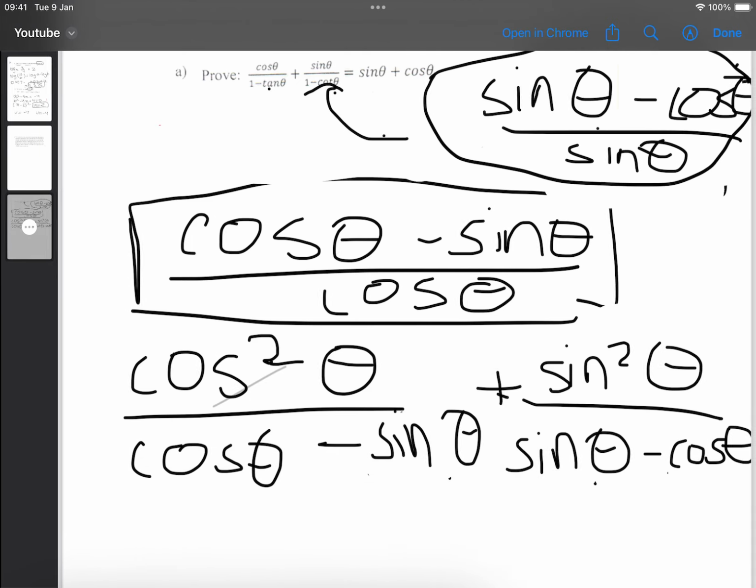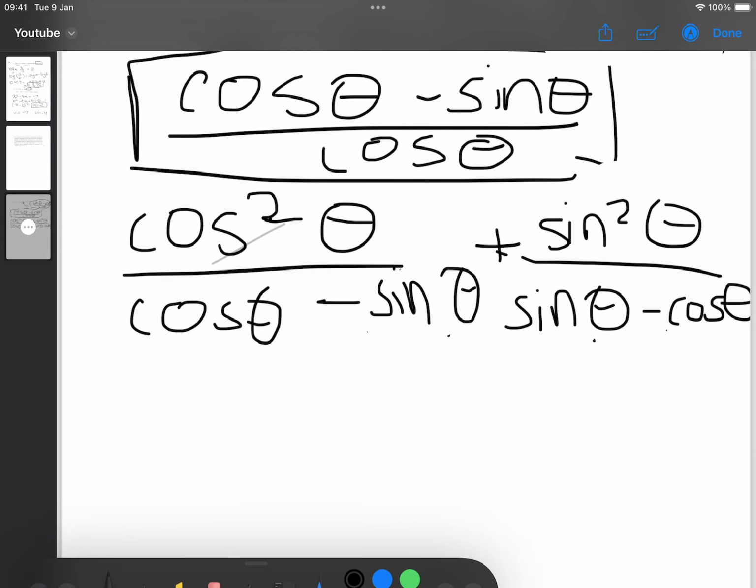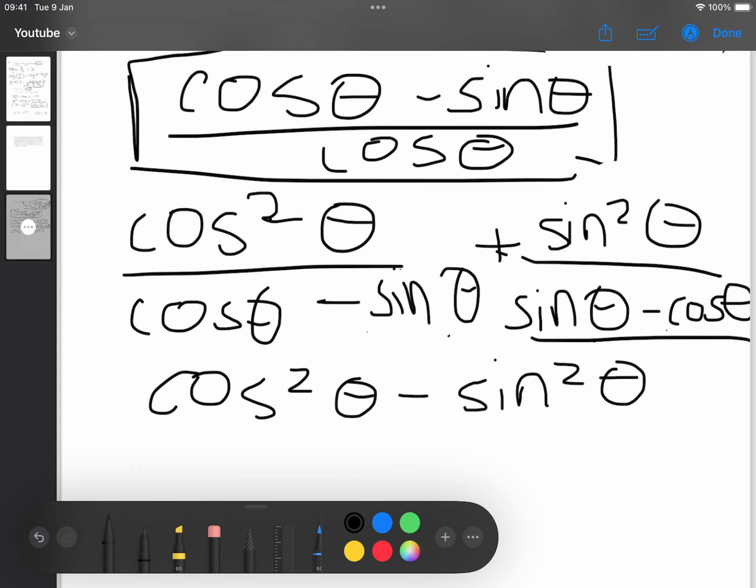Now continuing from here, what we have to do would be to factor out a -1 from the denominator of sine theta minus cos theta so that we can get it over the same denominator. So we'd get cos square theta minus sine square theta, and we factor out the -1 and bring it to the top.